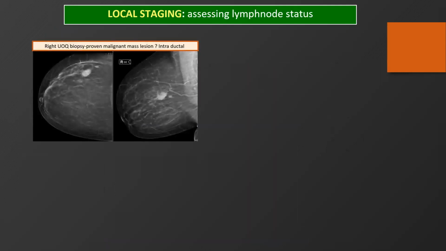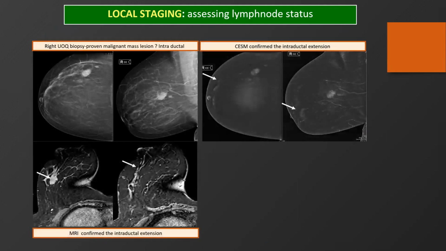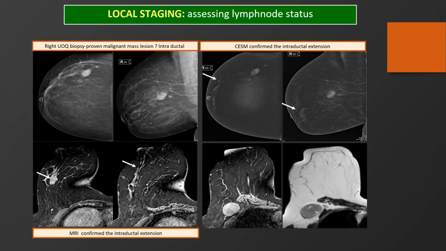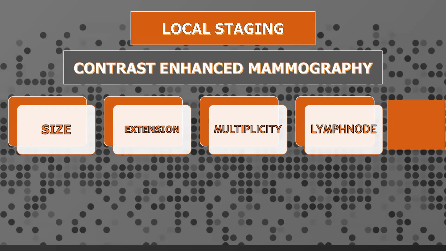Okay, this is a case of a right upper outer quadrant biopsy-proven malignant mass lesion and query intraductal component. But this intraductal extension was confirmed by both contrast mammography and MRI. But MRI was superior in detecting the pathologically metastatic axillary lymph node.